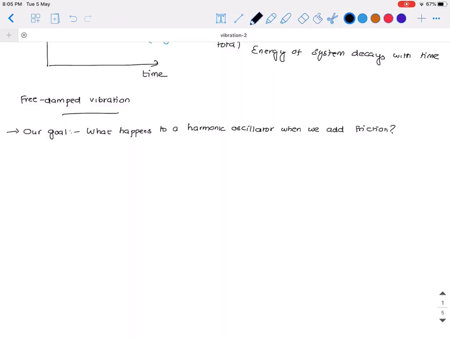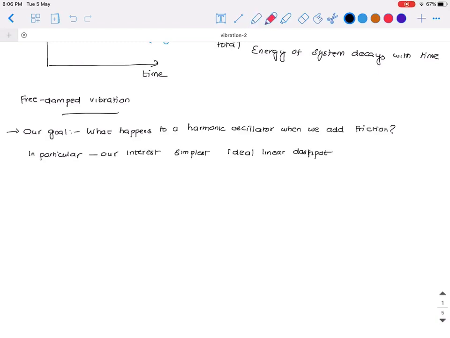In particular, our interest is in the simplest kind of motion caused by an ideal linear dashpot.